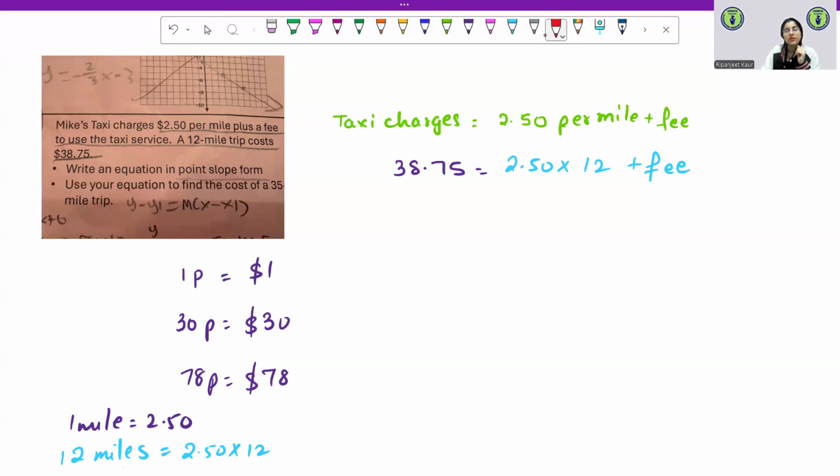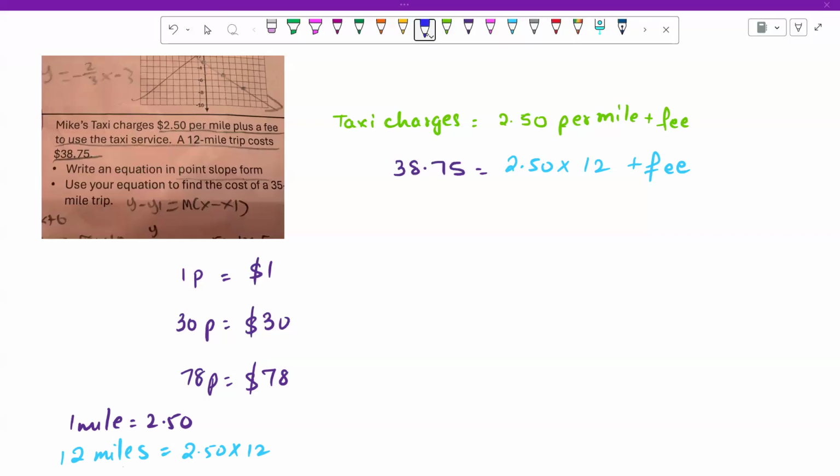We just need to calculate it. That's all. Now we can use our calculator. What to do? What will we solve? It's 2.50 times 12 plus the fee.